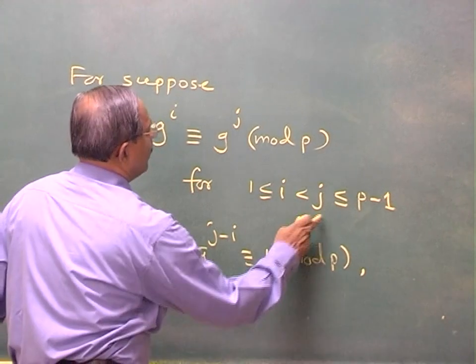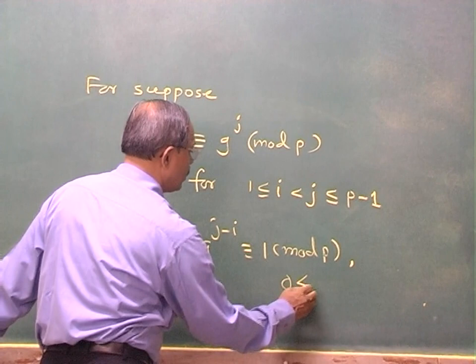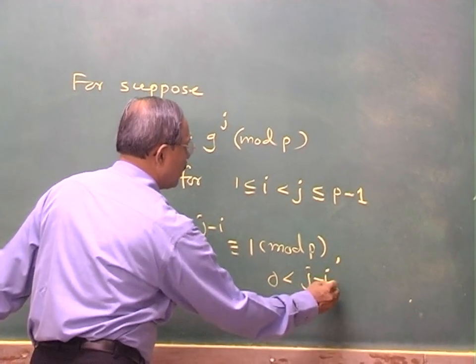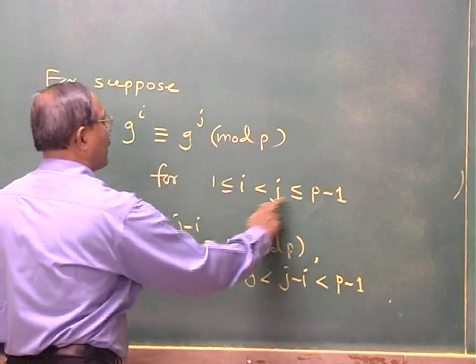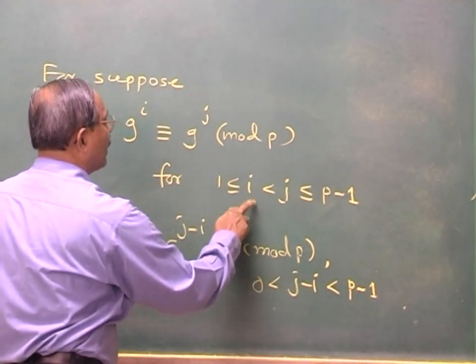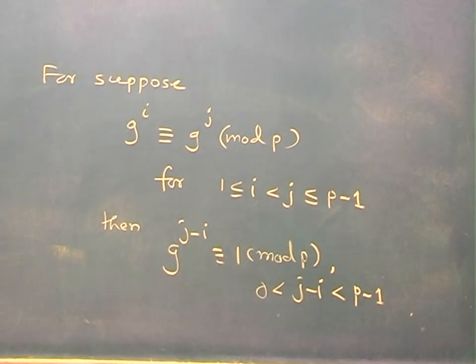where J minus I is bigger than 0 and it is less than P minus 1, because J is at most P minus 1 and you are subtracting at least 1, since I is bigger or equal to 1.